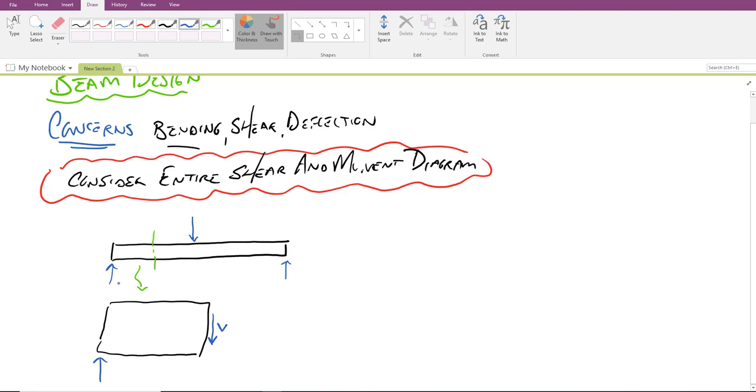The other thing that I want you to note, for this thing to be in equilibrium, it would want to spin right here. We also note that as the beam starts to sag, it will develop bending stresses along the top and bottom edges. And so along the top edge we'd end up with compression, and along the bottom edge we'd end up with tension. And if we were to draw a cross section of this beam, now we're actually taking a slice of that beam.